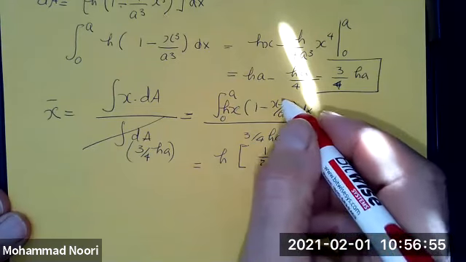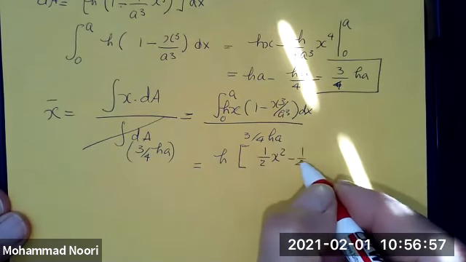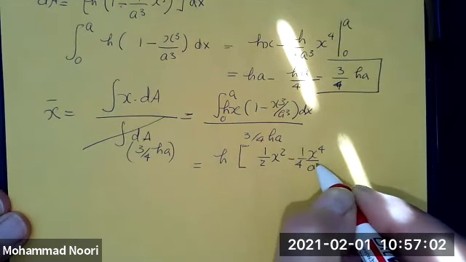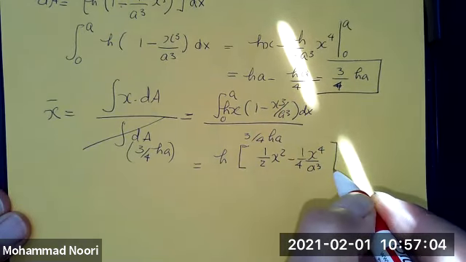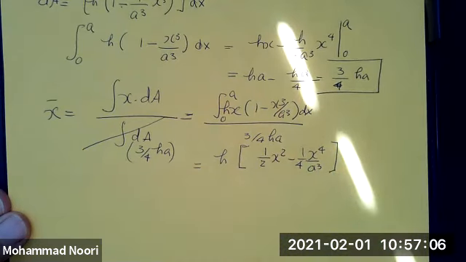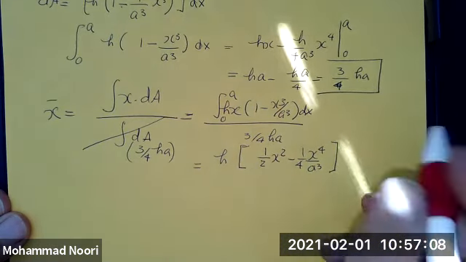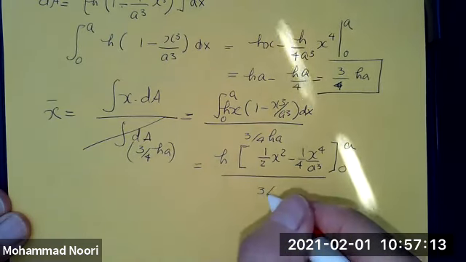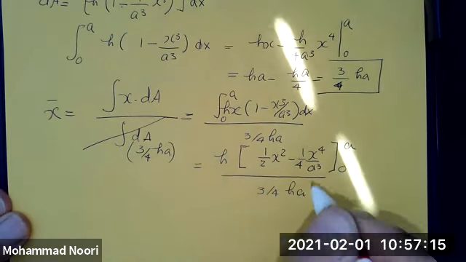The integral of the other term would be 1/4 of x to the 4 over a cubed, going from 0 to a, divided by 3/4 of h a.